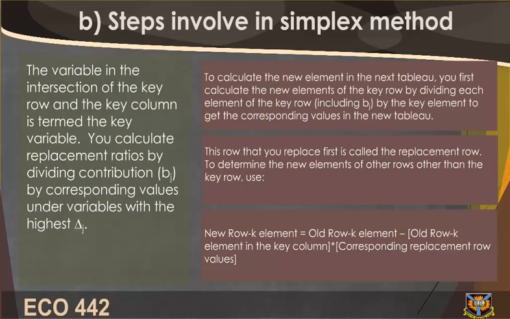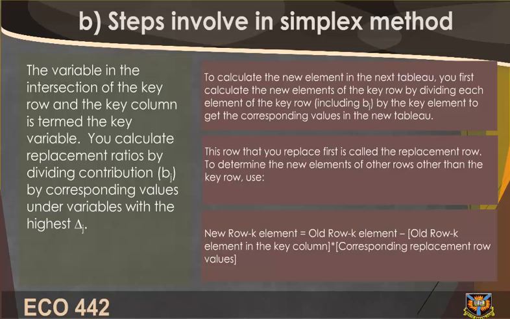The variable at the intersection of the key row and the key column is termed the key variable. You calculate replacement ratios by dividing contribution Bi by corresponding values under the variable with the highest triangle j.